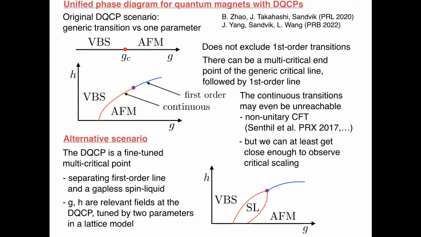But then, Subir, what do you think if you have those transitions and you approach the tip of the spin liquid? I don't think you discussed that. Maybe there's some emergent SO(5) or O(4), whatever, as you approach the point. I see. Oh, so you say that even the multi-critical point in your theory is not Lorentz invariant.